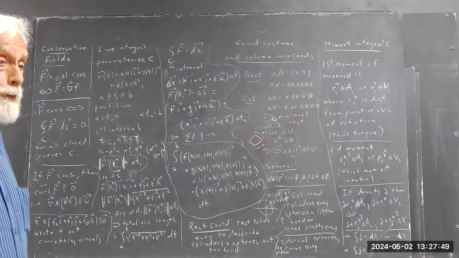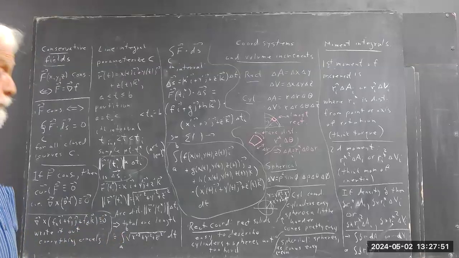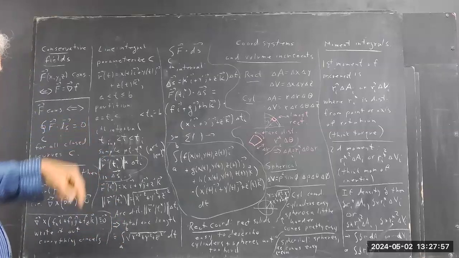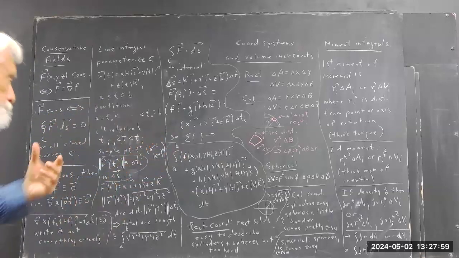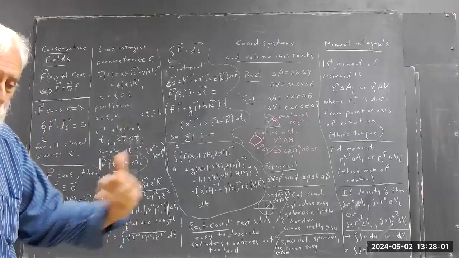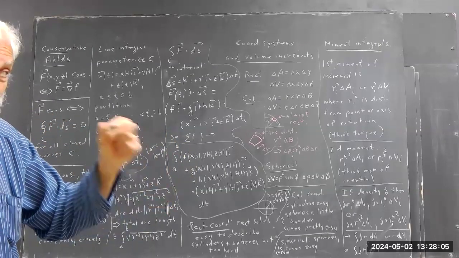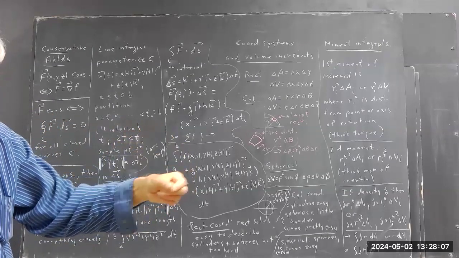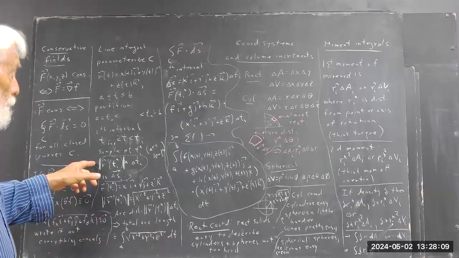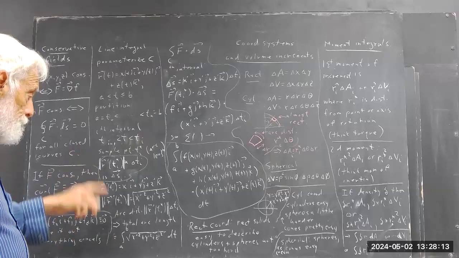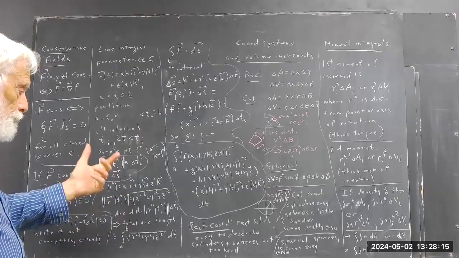If you want to find mass, you multiply by mass density. You evaluate your mass density, rho of x, y, z, where you express x as a function of t, y as a function of t, z as a function of t, so rho would then end up being a function of t. Or you just leave it as rho of x, y, z.